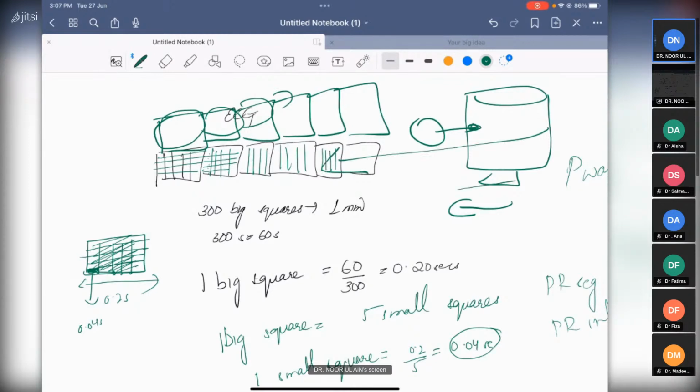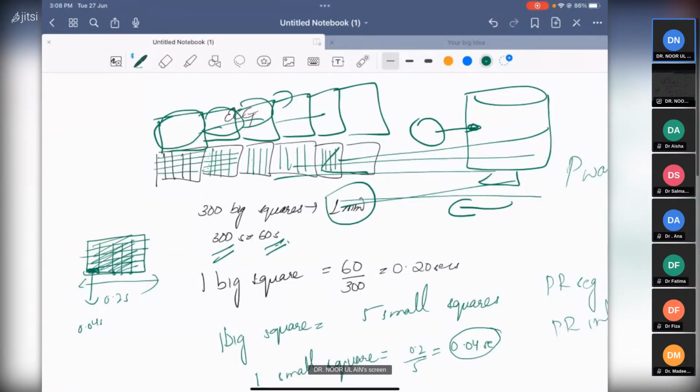So in 1 minute you will literally have 300 boxes moving, then 300, then 300. That's the speed of your ECG, which is 300 big squares in 1 minute. So we literally mean there are 300 big squares in 60 seconds.